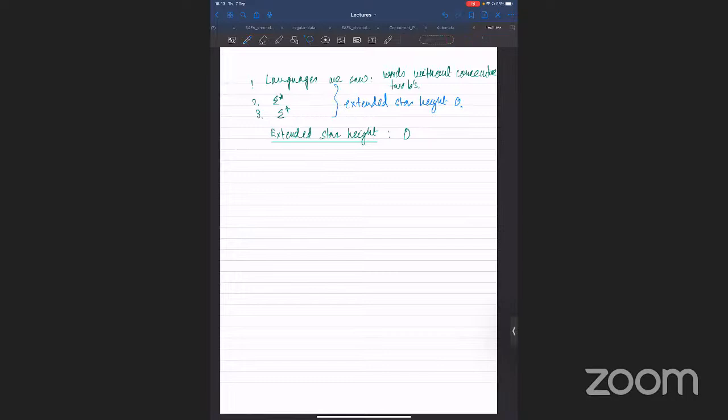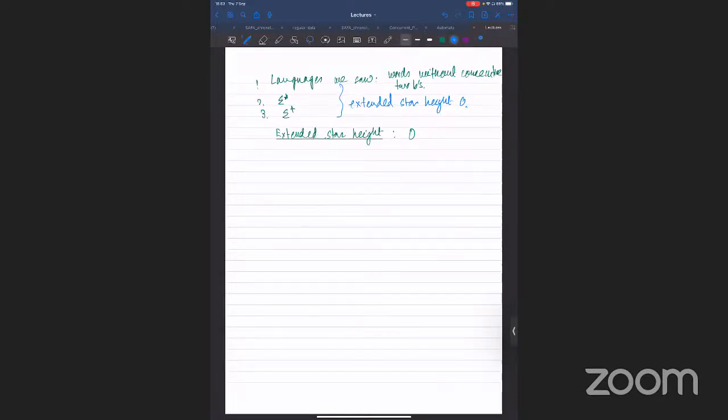Now the question, which is a homework problem, is: can you think of a language that has extended star height just one, extended star height equal to 1?